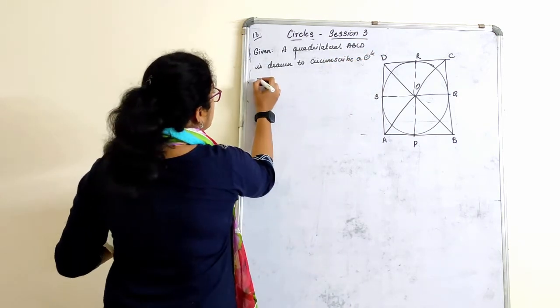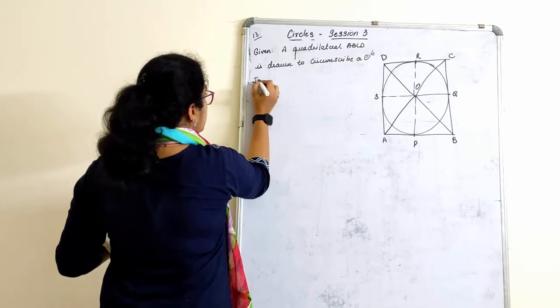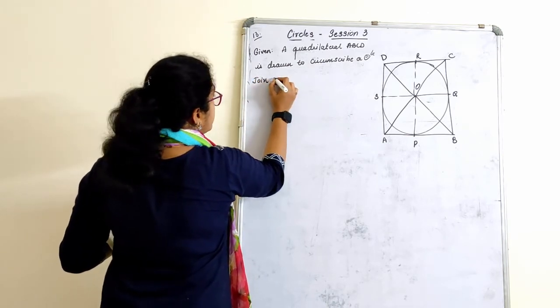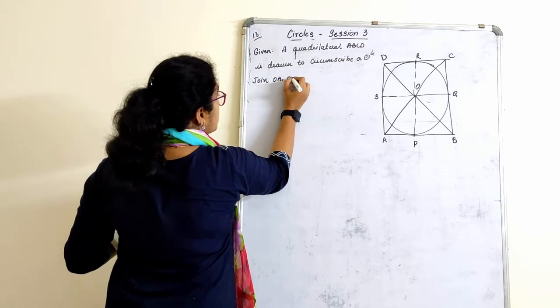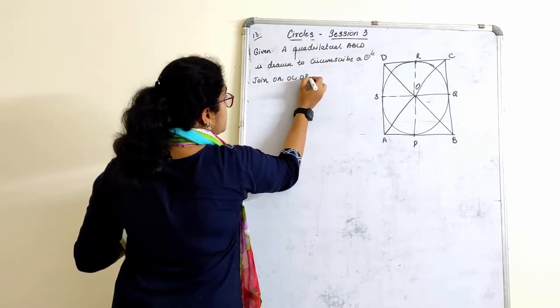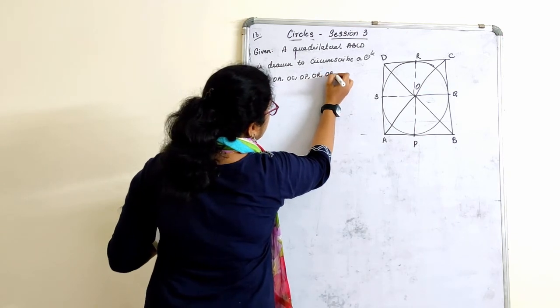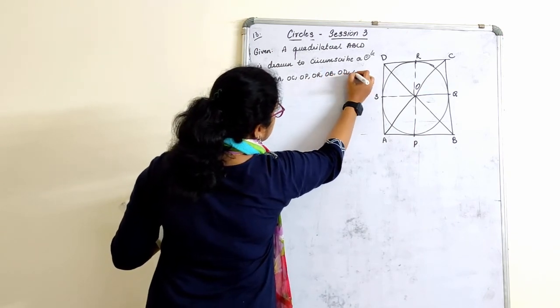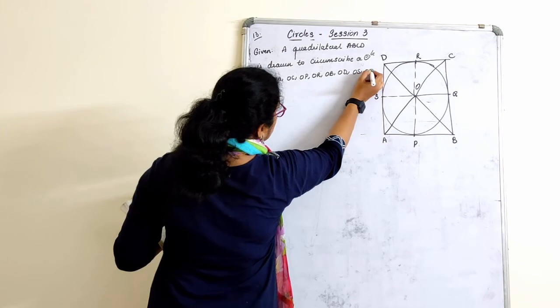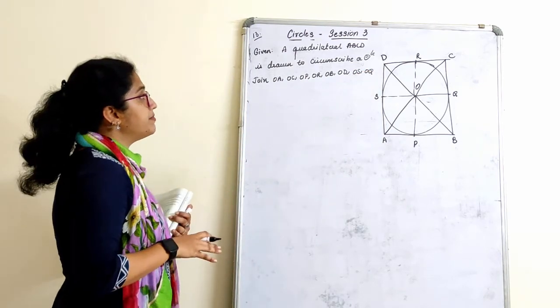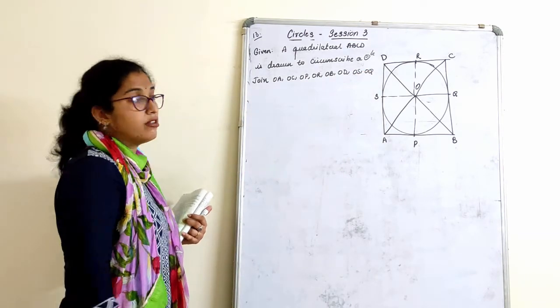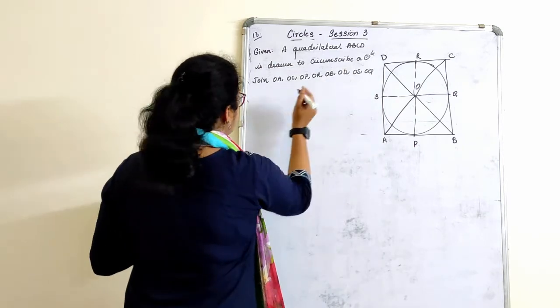Then here we will say: join OA, OC, OP, OR, OB, OD, OS, OQ. See if I have missed any part. Just say join all these things. If I have missed anything, please write it in.